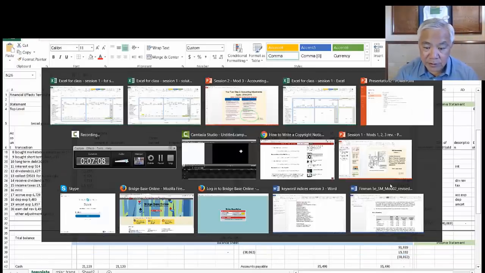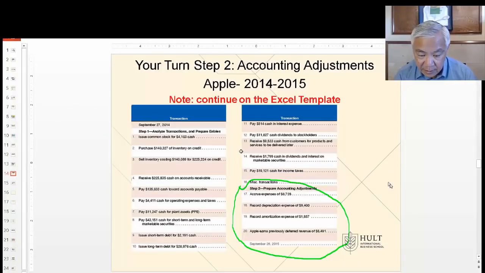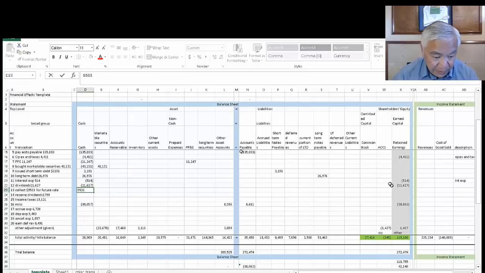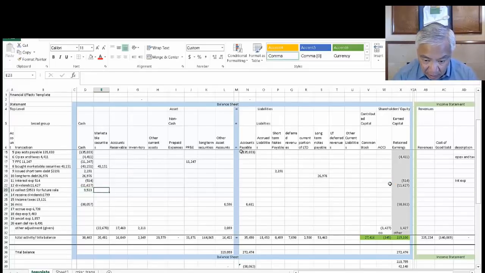Next, we're on transaction 13. Transaction 13 is received 9,533 cash from customers for products and services to be delivered later. This sounds like unearned revenue, right? Deferred revenue. So let's record that. 9,533, that's how much we got, and our deferred revenue goes up by that amount.